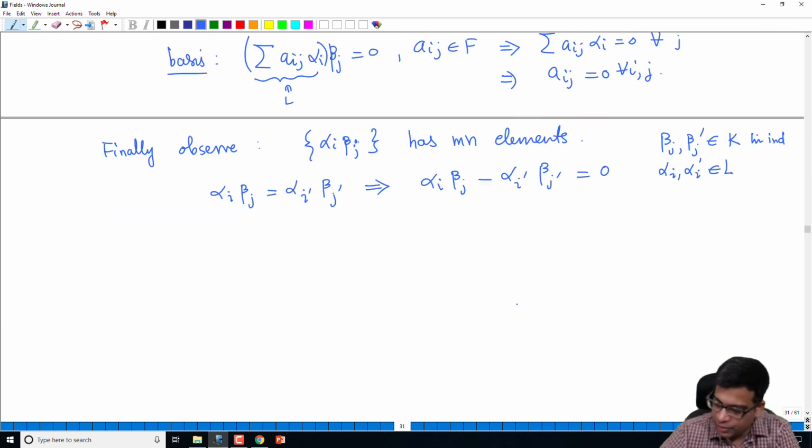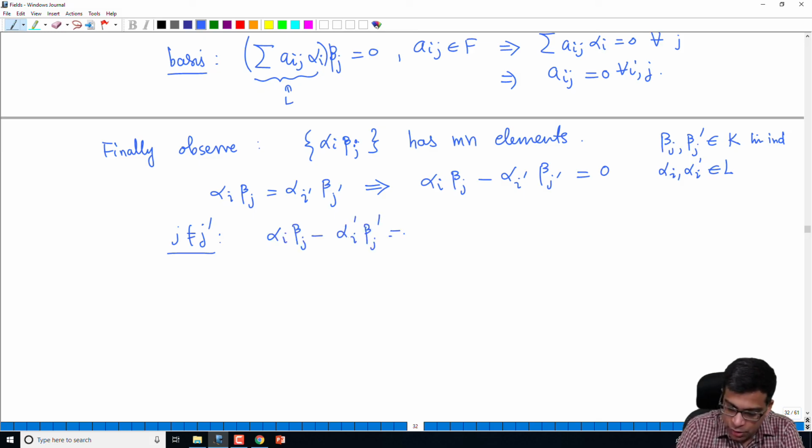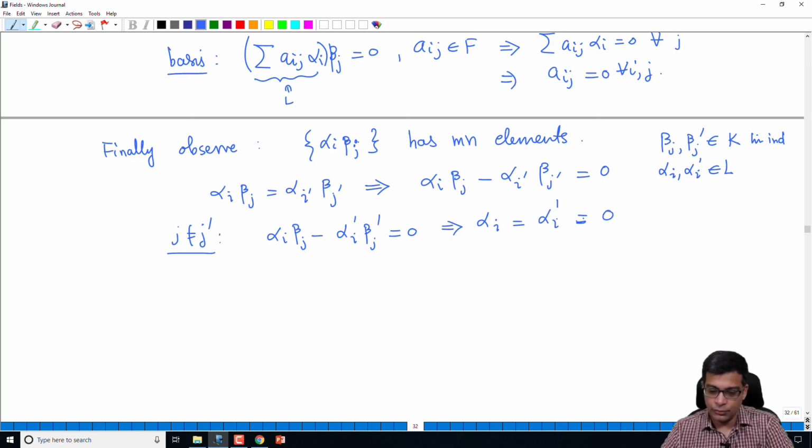Now we have two possibilities. If j is not equal to j prime, then alpha i beta j minus alpha i prime beta j prime is 0 with alpha i and alpha i prime in the base field L, implies that alpha i equals alpha i prime equals 0, right?